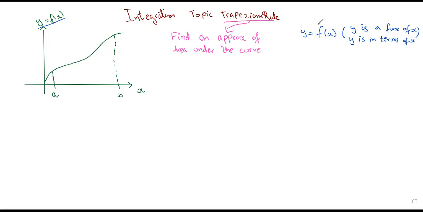And you have been told to do it in n intervals, right? So we have a and we have b. Let's make it a number instead of writing n intervals.